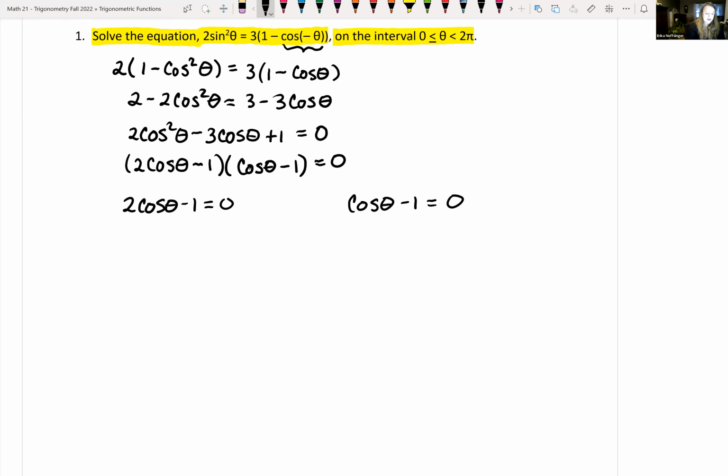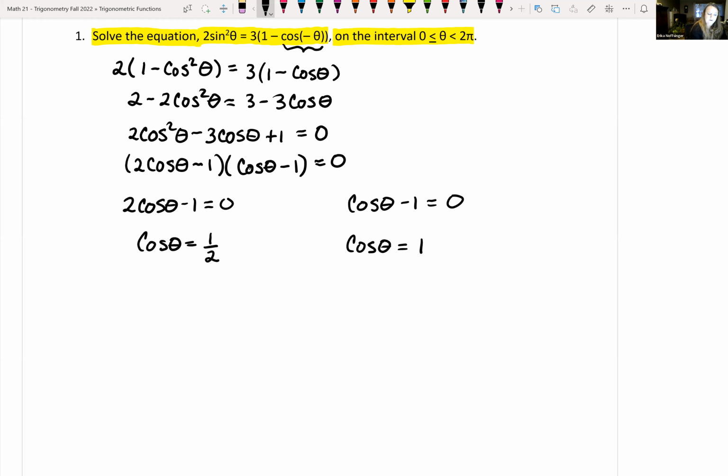For the first equation, I add 1 to both sides and then divide by 2, so cosine theta is equal to 1/2. On the second equation, I add 1 to both sides, and I get cosine theta is equal to 1.